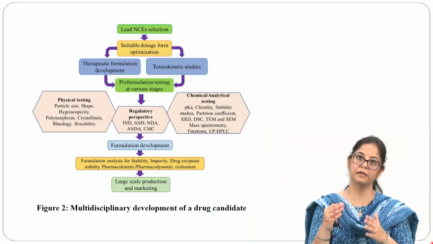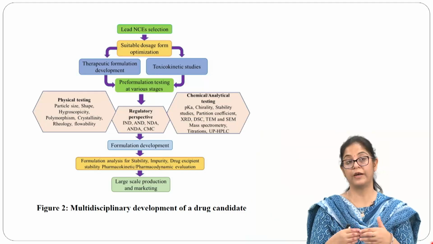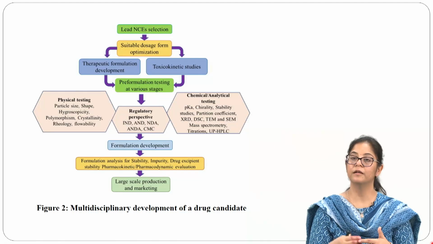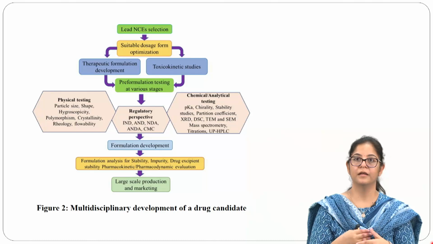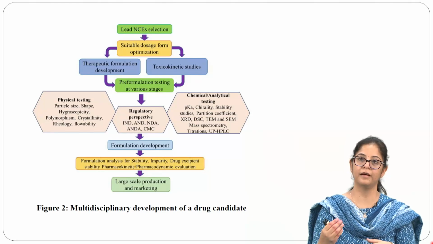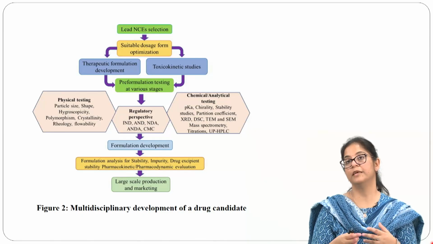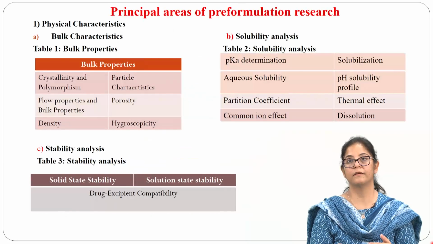After the complete studies have been done and no further fine tuning is possible, the formulation development is done, and then, as we discussed, from the preclinical to the clinical trials, and then large scale production and marketing is done. So formulating a prodrug is one part of these studies.